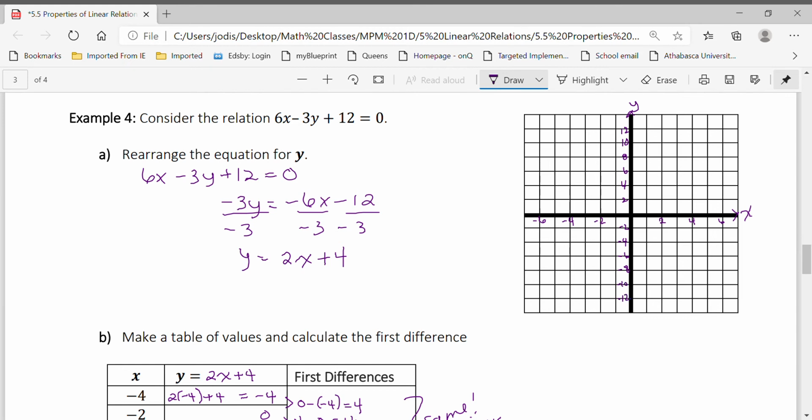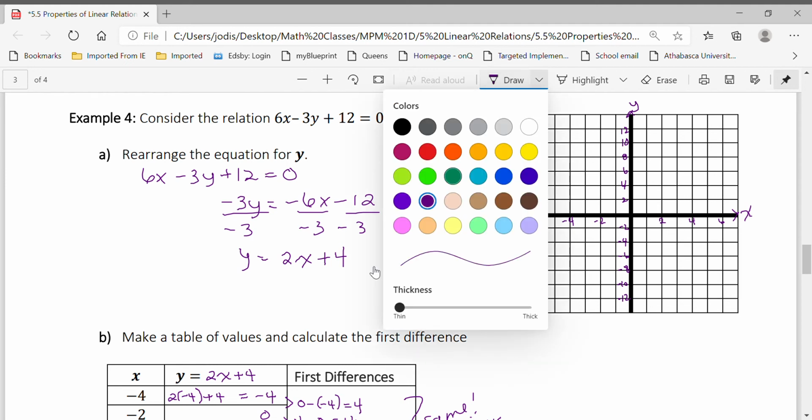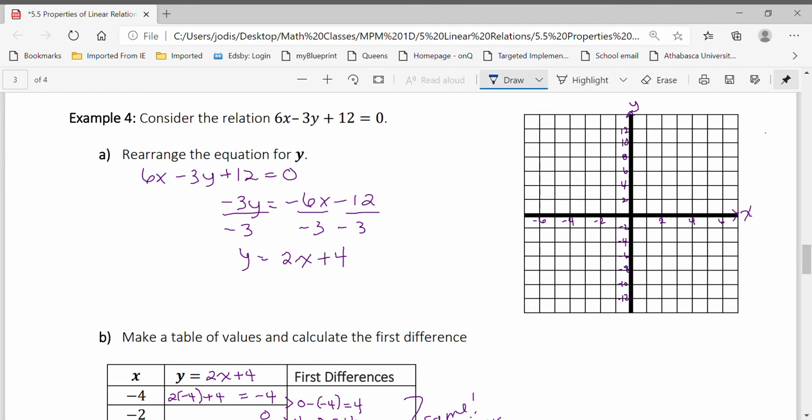Okay, so then let's graph this using the points that we have. So we've got -4 and -4 right here, -2 and 0 right there, 0 and 4, 2 and 8, and 4 and 12. Okay, and then let's draw our line.